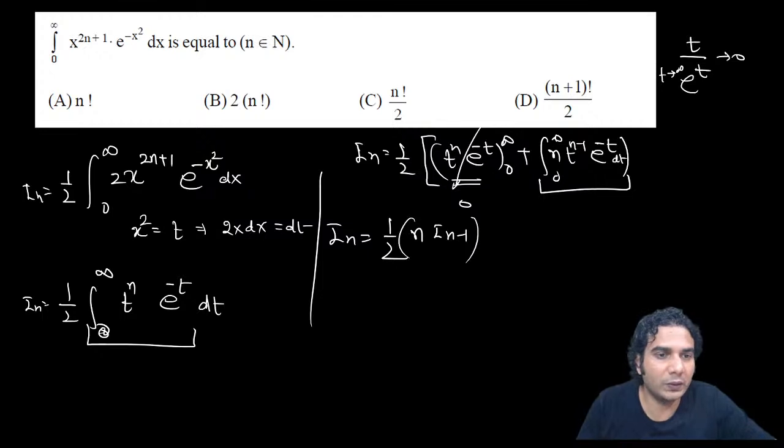I(n) is equal to, wait a minute. Let me check this 2. Yeah, 2 will be there.